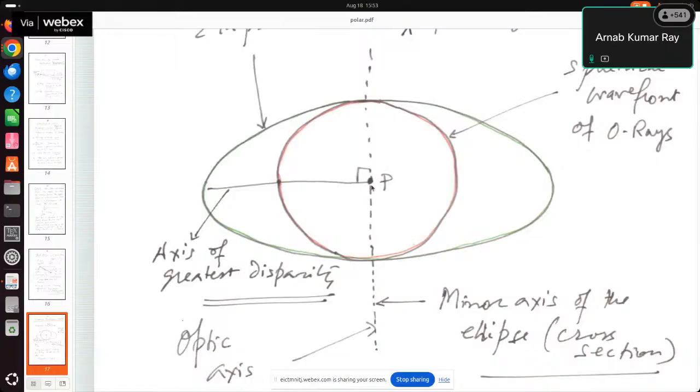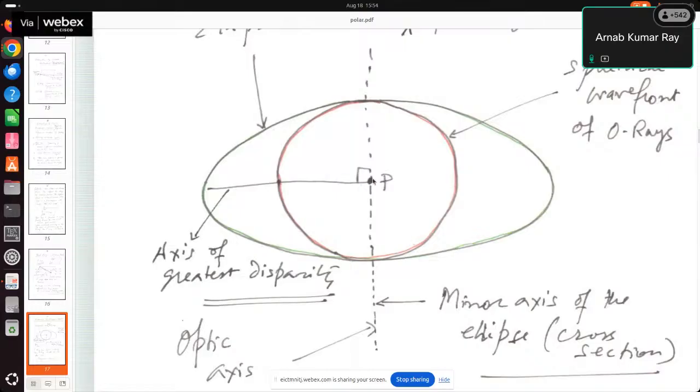Remember, these crystals are anisotropic crystals, which means that the same feature will not be seen in every direction. So the ordinary waves or the ordinary rays will behave ordinarily. That is to say that they will travel along different directions with the same speed.